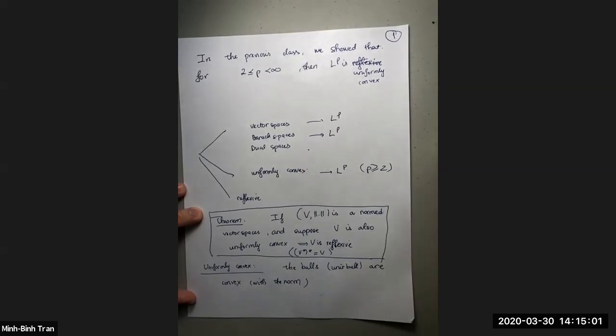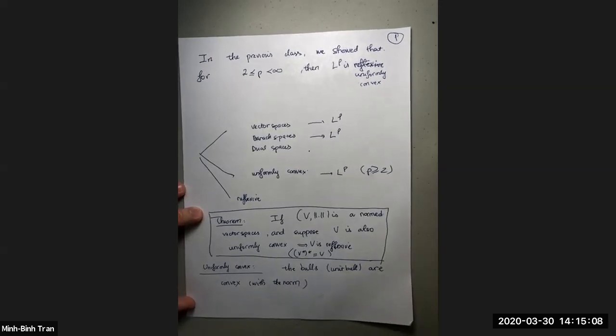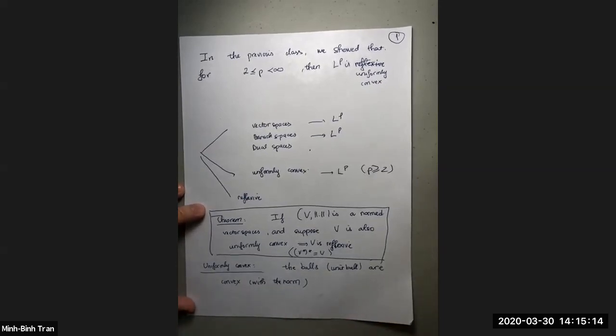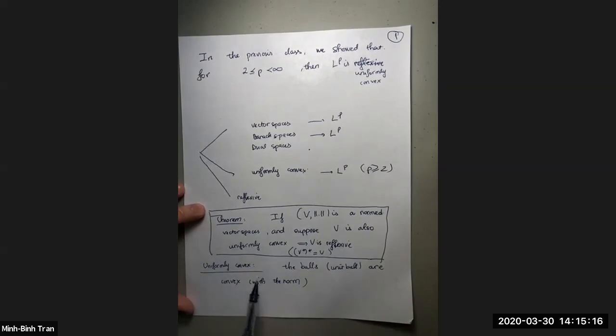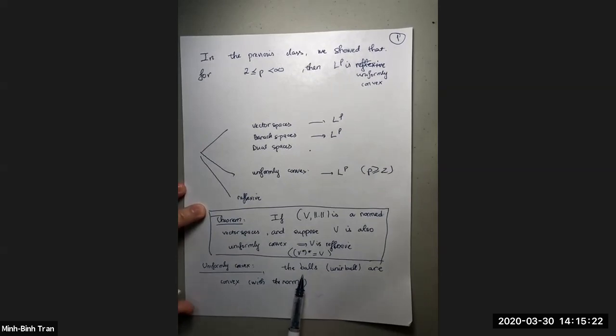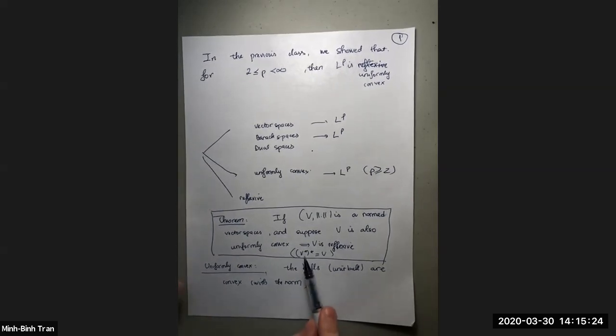So the ball will be all of the vectors whose length with the norm is smaller than 1. All right, so all of the balls are convex. So this is a uniformly convex space. But the nice thing with this is that instead of looking into the dual of the dual, what you have to do is just look into this ball.